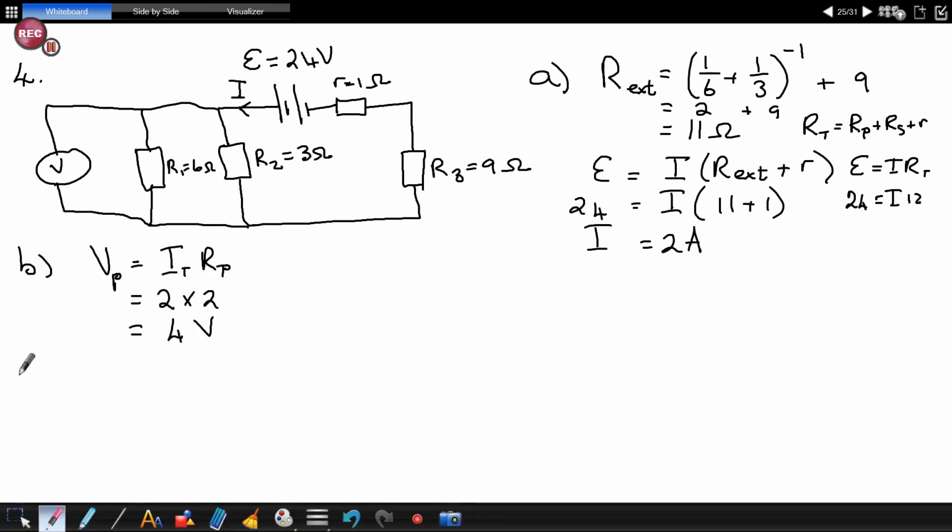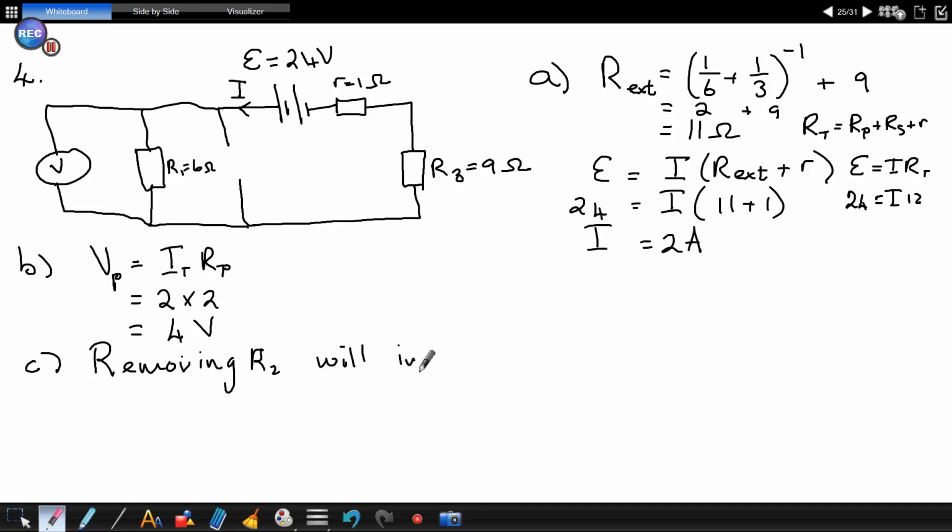Okay. And number C. What will happen to the voltmeter reading if R2 is removed? So they take R2 out. So removing R2 will increase the total resistance in the circuit.